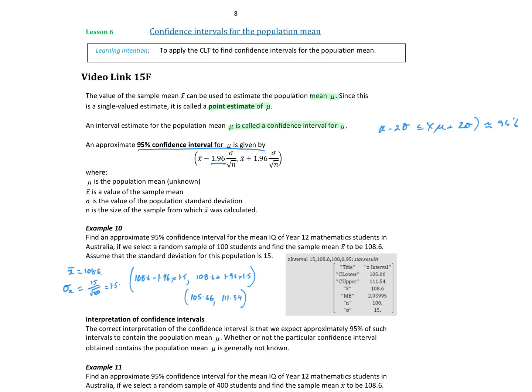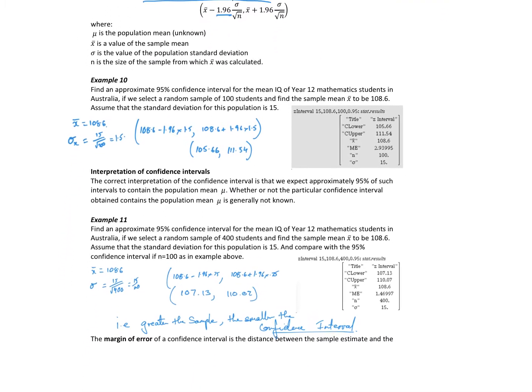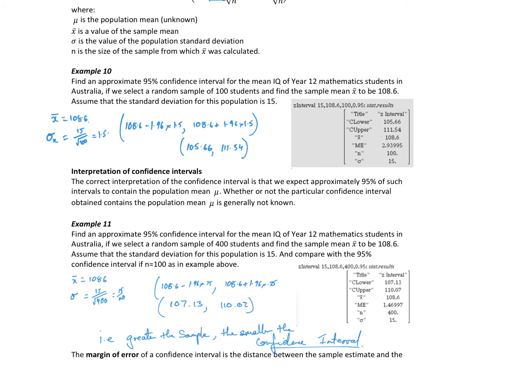All right, so I think the easiest way is to have a look at an example and see what the answer gives us. If I want to find a 95% confidence interval for the mean IQ of students, we take a sample of 100 students and found the sample mean to be 108.6.